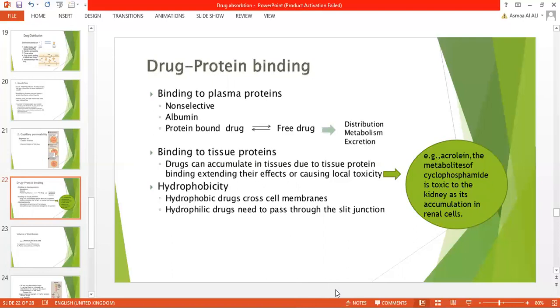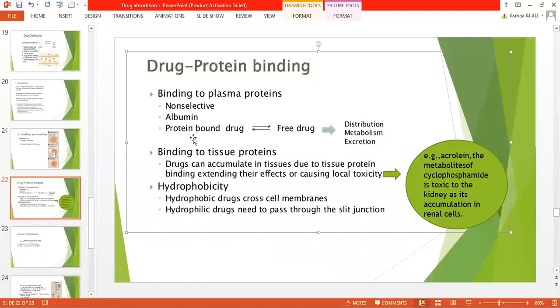Binding is relatively non-selective regarding chemical structure, and it takes place at sites on the protein to which endogenous compounds such as bilirubin normally attach. Plasma albumin is the major drug-binding protein and may act as a drug reservoir.